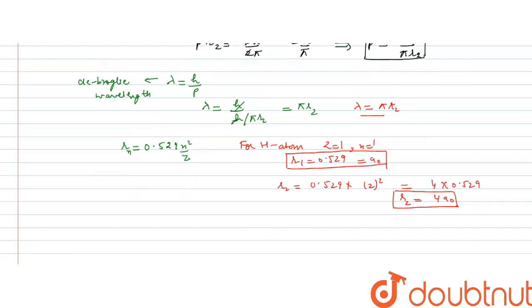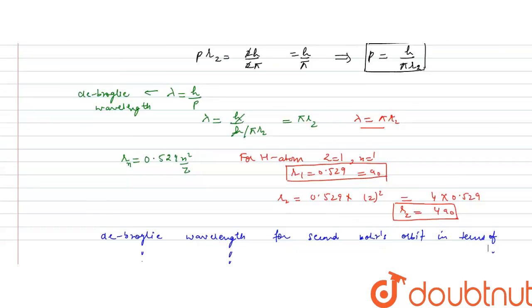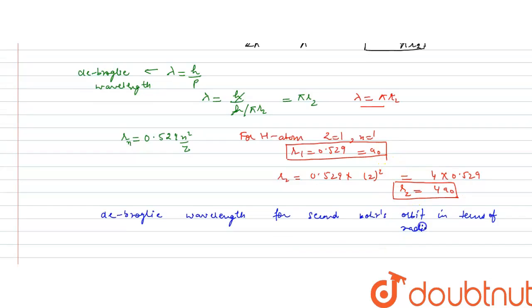So in terms of the radius of the first Bohr's orbit, that is a0, the de-Broglie wavelength for the second Bohr's orbit will be pi r2, and r2 is 4 a0.